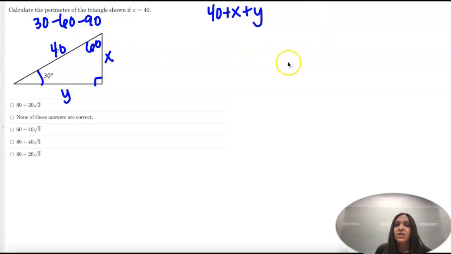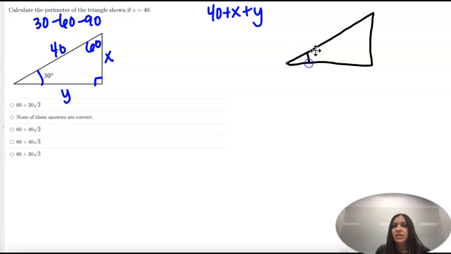So we have this rule with 30, 60, 90s, just like we had with 45, 45, 90. So the side that goes out to 60 degrees is always shorter than the side that goes out to 30 because of the angles.